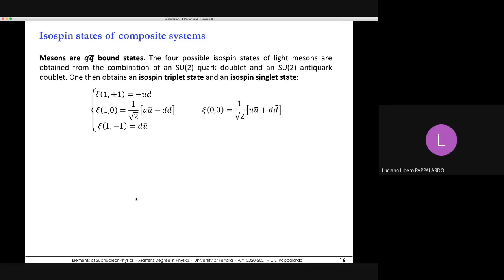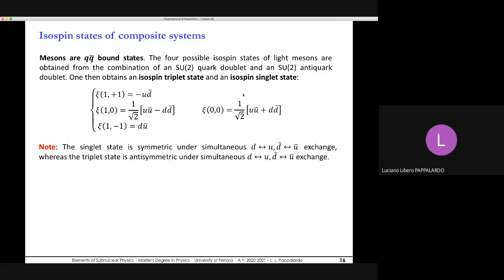Now, we discussed baryons. What about mesons? Mesons are bound states of a quark and an antiquark, as you know. The 4 possible isospin states of light mesons are obtained from the combination of an SU(2) quark doublet and an SU(2) antiquark doublet. One then obtains, again, a triplet and a singlet state, but now with a different combination, because we are merging quarks and antiquarks.